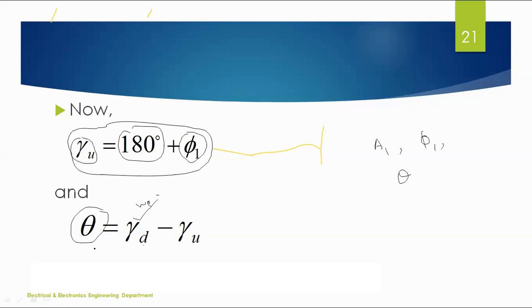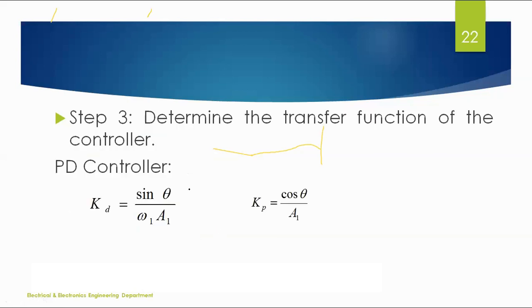Theta is the angle contributed by the controller, the desired phase margin minus the uncompensated phase margin. Then we can use this formula. We have a big derivation for this, we can leave it now. So we know theta, we know omega 1, we know A1. Omega 1 is a given spec, the gain crossover frequency.